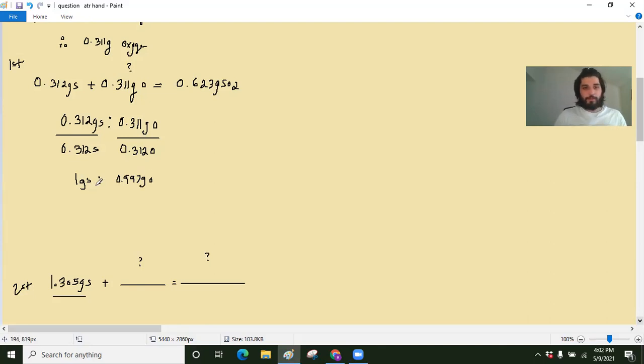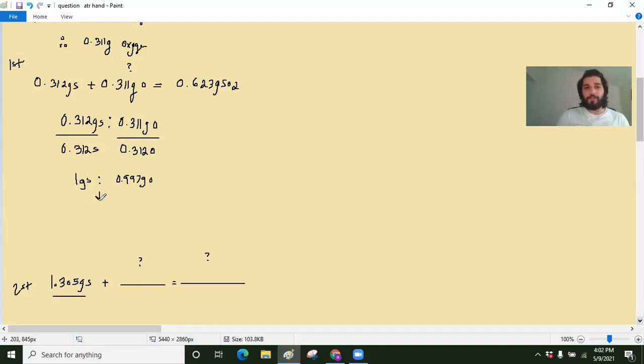So for every 1 gram of sulfur, I get 0.997 of oxygen. And that is the conversion factor. Now I could have any amount of sulfur with this proportion. I could change the amount of sulfur and I'll know how much oxygen I'll need. Or I could change the amount of oxygen and I'll know how many grams of sulfur I'll need. This is interchangeable as long as you're precise about the element.